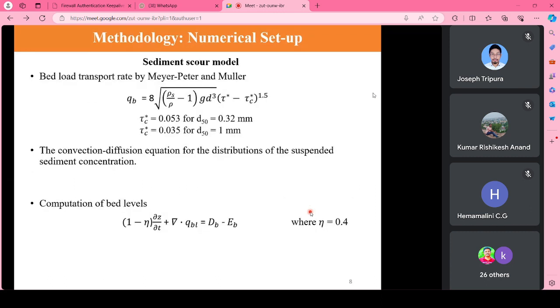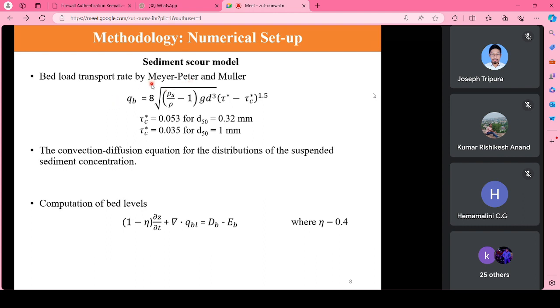For computing the bed load transport, there are well-known empirical equations. Empirical equations mean they are developed under certain conditions using a set of experiments or numerical simulations or observations. So they are not entirely physics-driven models. They are developed based on strong observation and some theoretical framework.